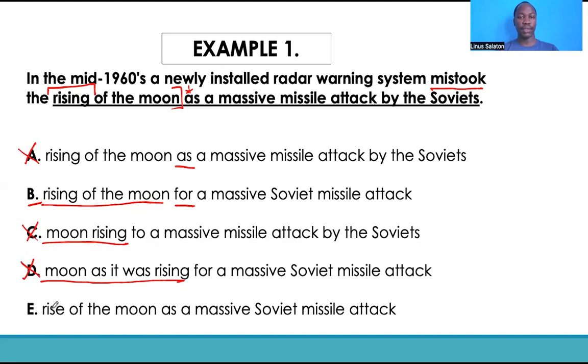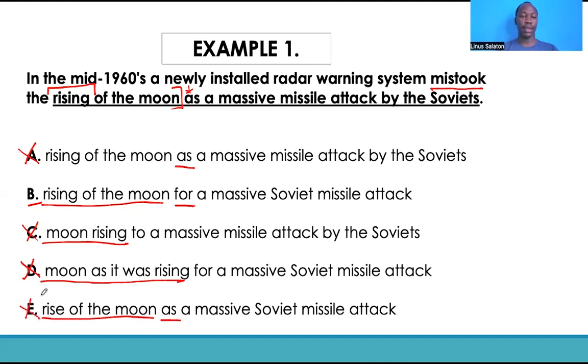E says, mistook the rise of the moon as a massive Soviet missile attack. The rise of the moon doesn't really convey the direct meaning that we are looking for. It is wordy, and again, wrong idiomatic construction here, use of as instead of for.